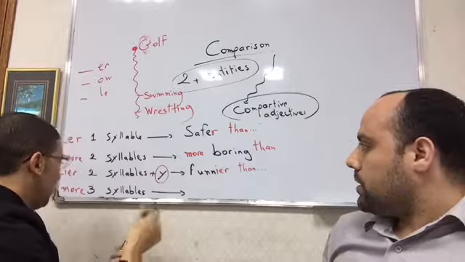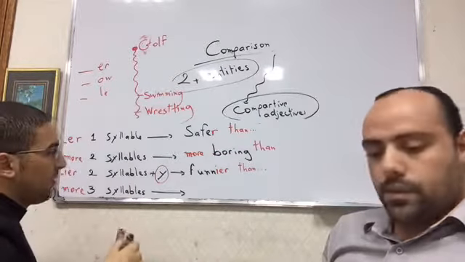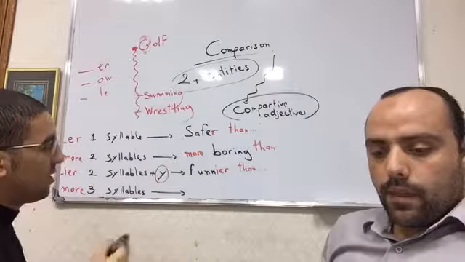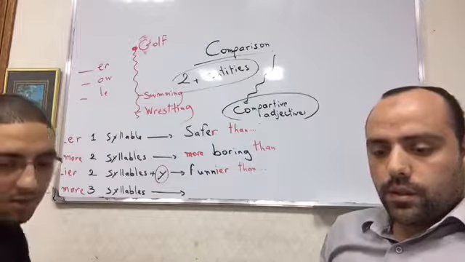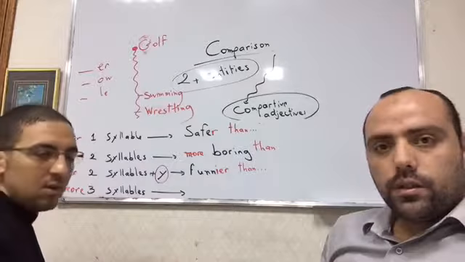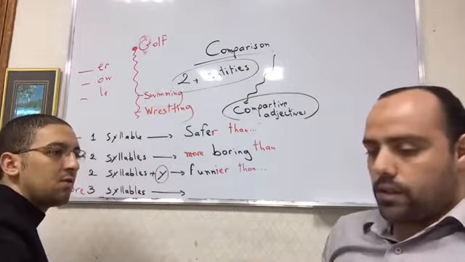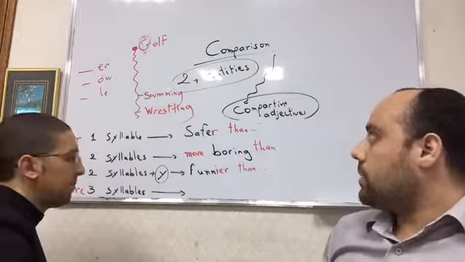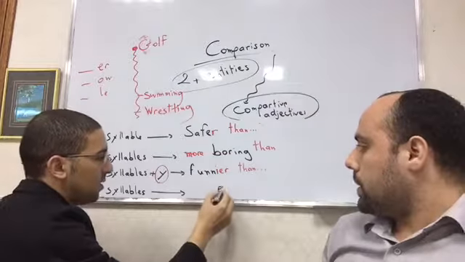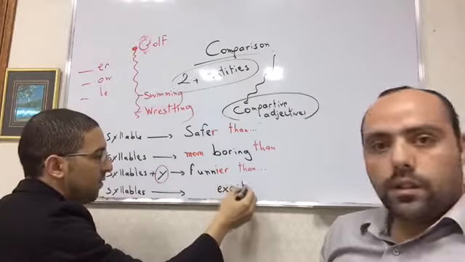So now we have 3-syllable words. With 3 syllables, for example, you can say dramatic, or let's say exciting, interesting, whatever. Talking about sports, you should use exciting.